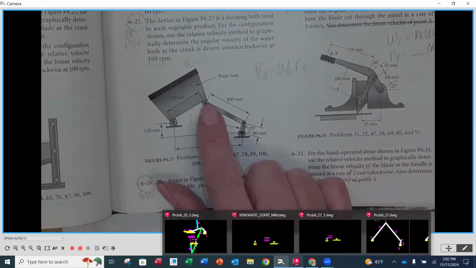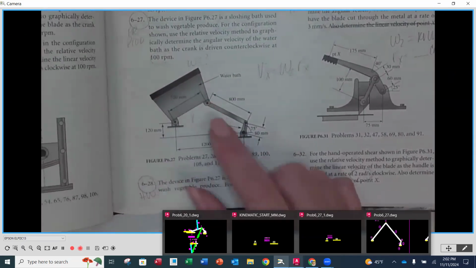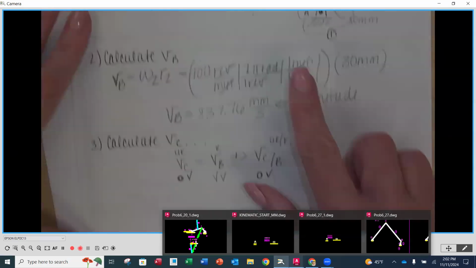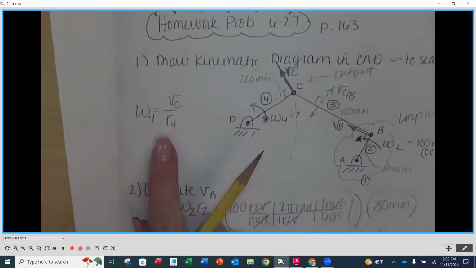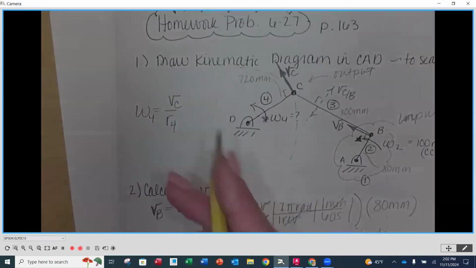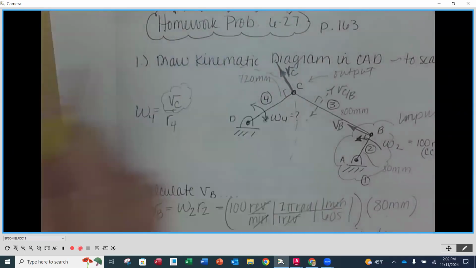So what we did was we calculated this point out here, the straight line velocity of C. We did not calculate an angular velocity yet. So that is not your final answer, but we need C to calculate W4, or the angular velocity of 4. So if we go up here, we just calculated the magnitude.